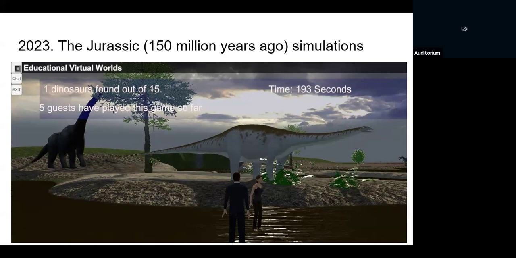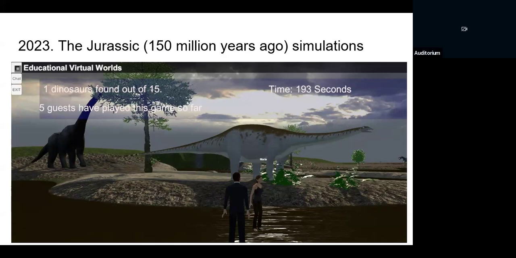The intent was to create kiosks at Dinosaur Ridge where guests could go around and see reconstructions of what the dinosaurs looked like. The simulation had a time clicker at the top, so it limited how much time, because we didn't want people spending an hour there and blocking it for other people. As you ran around, it recorded the number of dinosaurs that you found. The other thing that was really cool about this is that it used remote procedure calls.